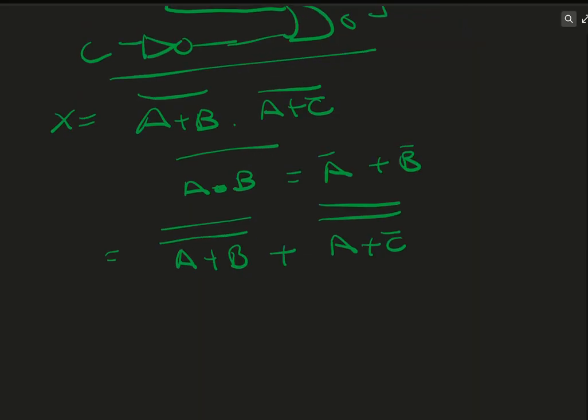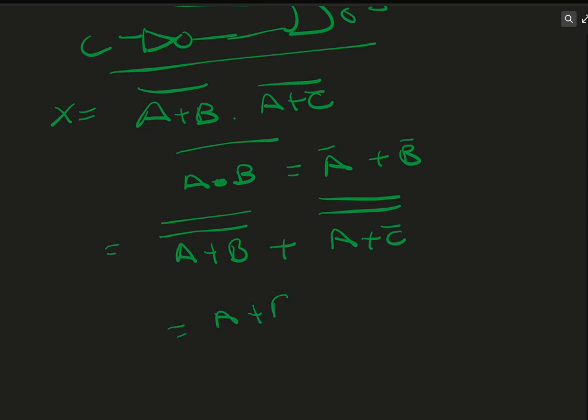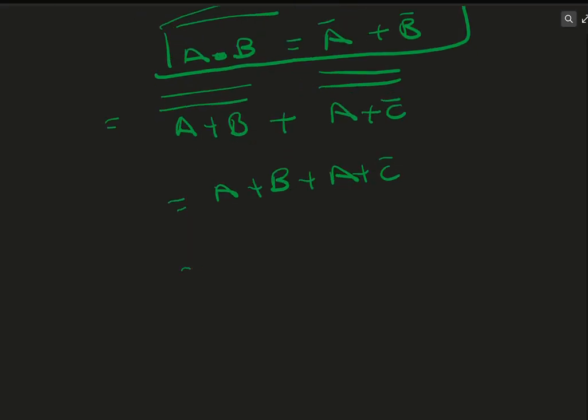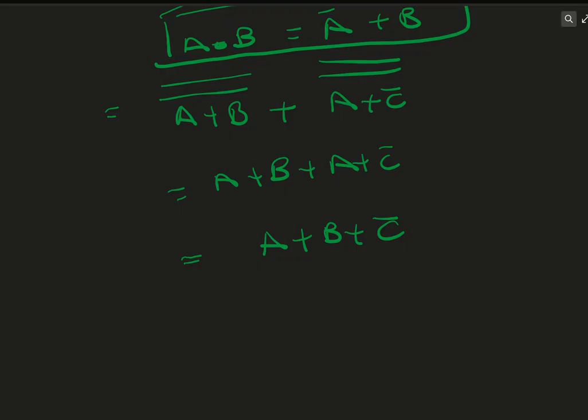So it's just the same, A, and the double bar cancels out. That's De Morgan's theorem. It's better to know them. There are only two laws, so keep practicing them.